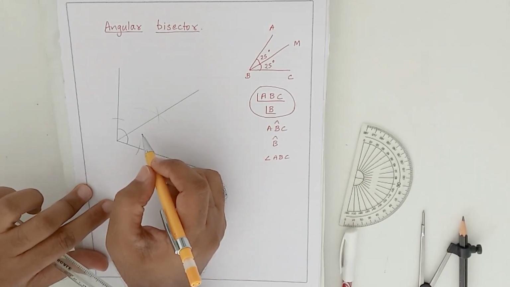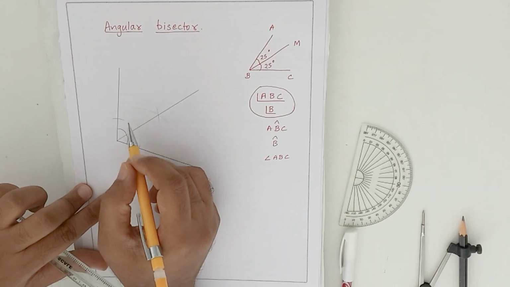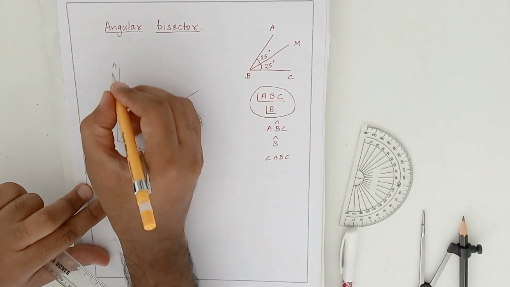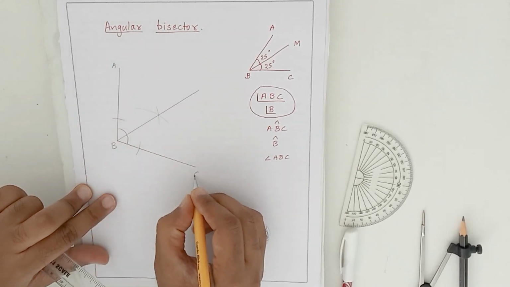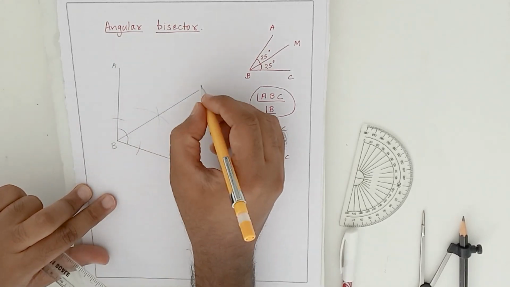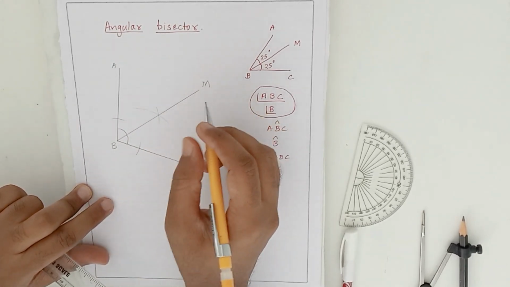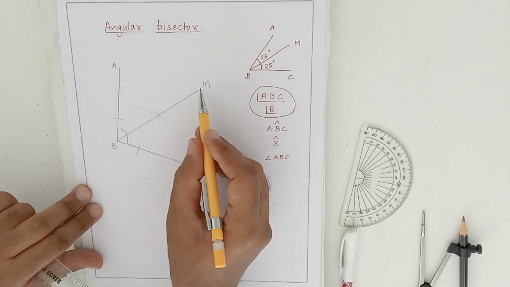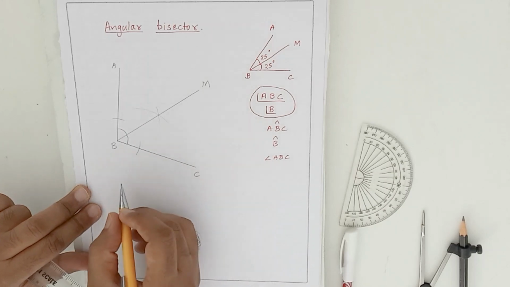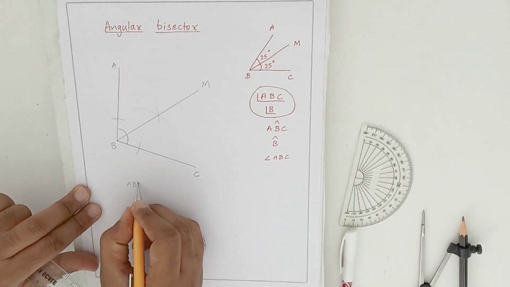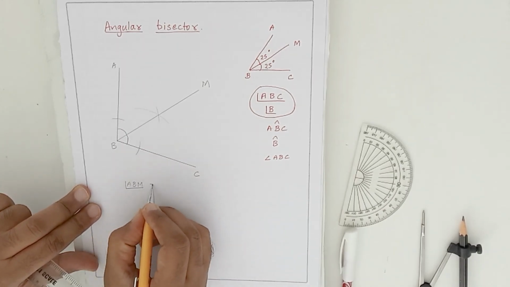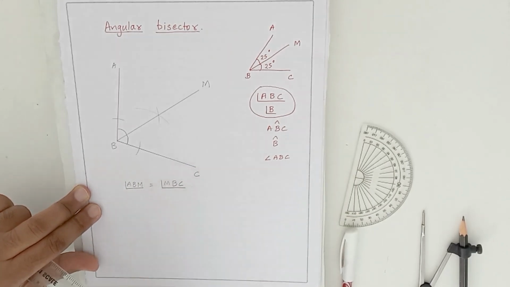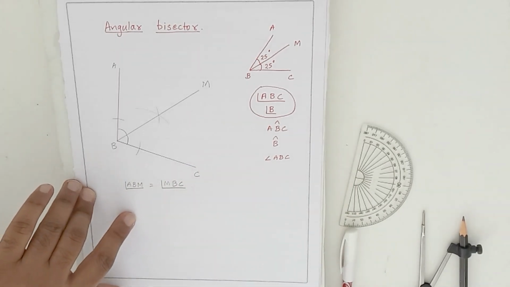It will be such that this line will be bisecting the angle. So let me call this ABC, and let me call this BM. Now ABC is divided into 2 angles, angle ABM and angle MBC, and angle ABM is equal to angle MBC. That's it. This is an angular bisector.